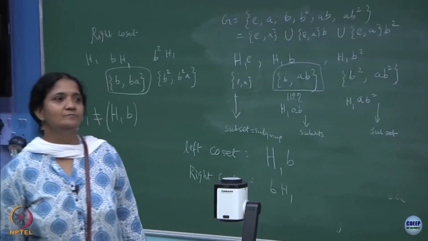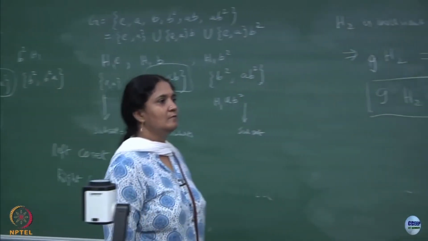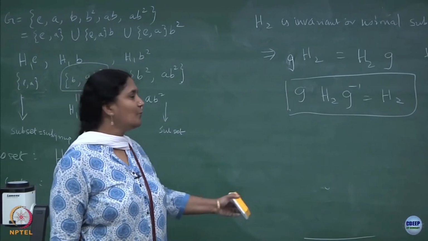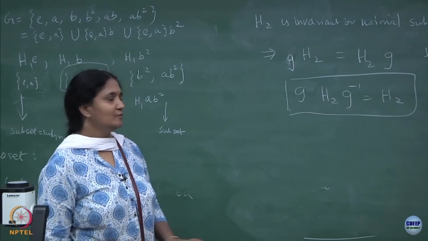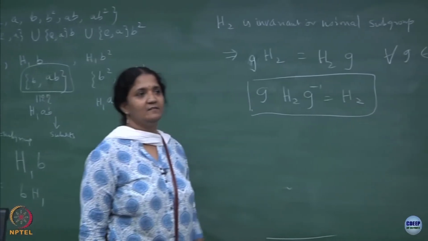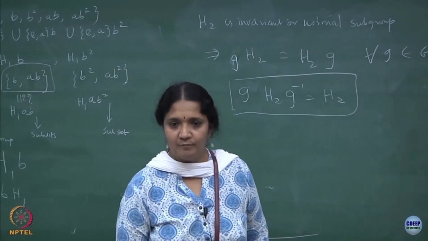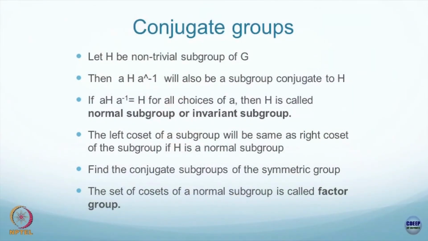Is that clear? So, they are all intertwined. Whichever property you want to use, you ultimately get that it is a self conjugate subgroup. Okay.